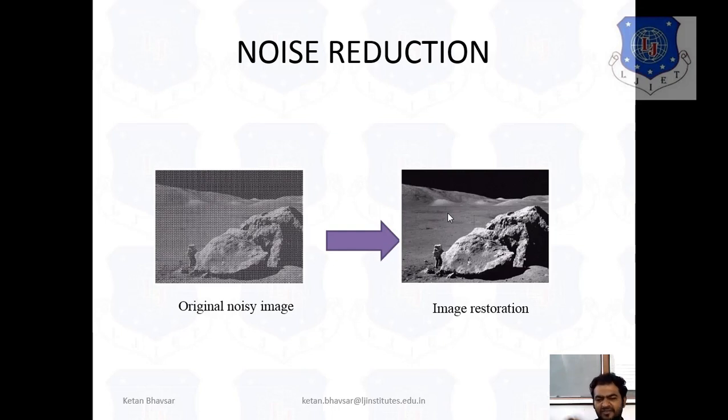We add a first level filter, second level filter, third level filter, and try to maintain the pixel values, the weight matrix of the pixels, and the contrast of the images, and we try to achieve the original image as closely as possible.